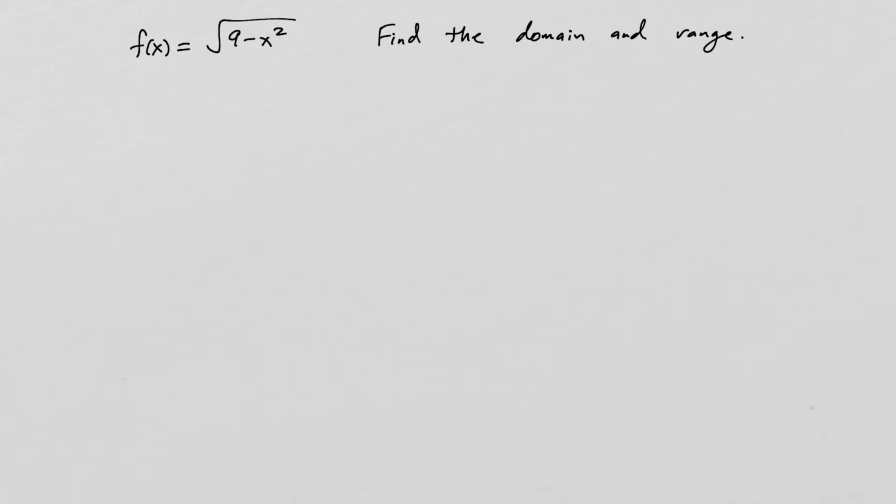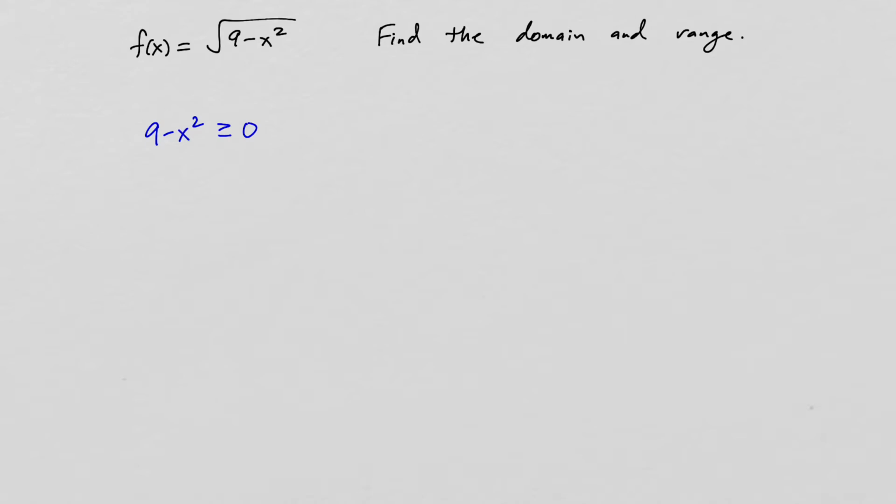We can do it one way by simply algebraically figuring out the domain and range, and we can do it another way by looking at the graph of the function to help us figure out the domain and range. So let's remember that anytime you have a square root, whatever is inside the square root, which in this case is 9 minus x squared, has to be greater than or equal to 0, because we don't want to take the square root of a negative number.